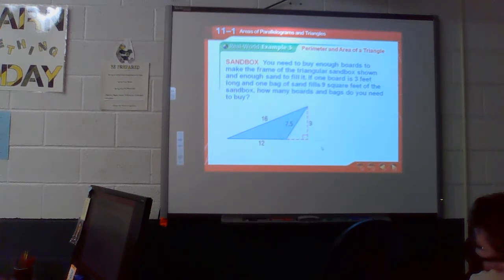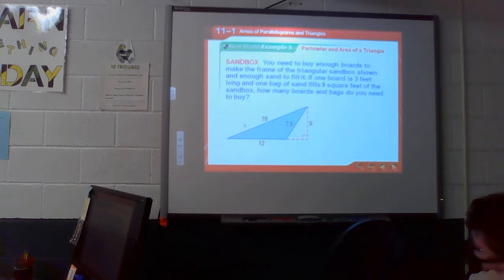The board part of it essentially revolves around the what of my shape? The perimeter. Exactly right. So when I'm doing the perimeter of my shape, I'm using the 3 numbers right here that they gave me. If I add those up, I get 12 plus 16 plus 7.5. I get 35.5.